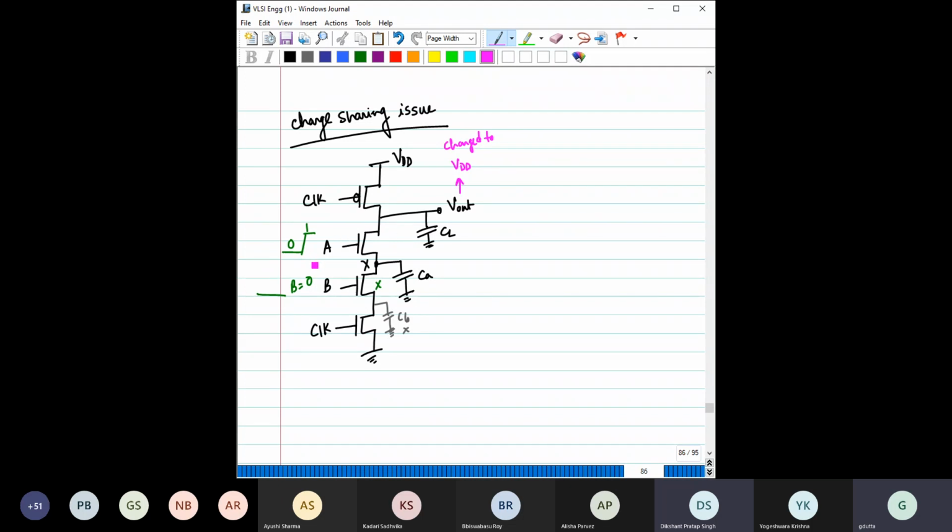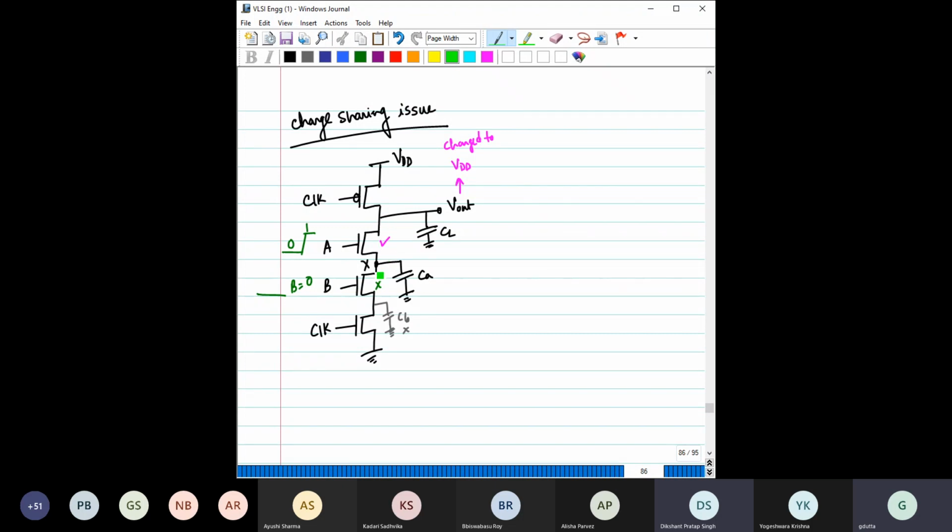Then we change to the evaluation state, and during evaluation, say the input combination is A is 1 and B is 0. When A is equal to 1, this transistor turns on, so there will be a path connecting CL and CA. Say this resistance is pretty small, so there will be typically no voltage drop between these two terminals.